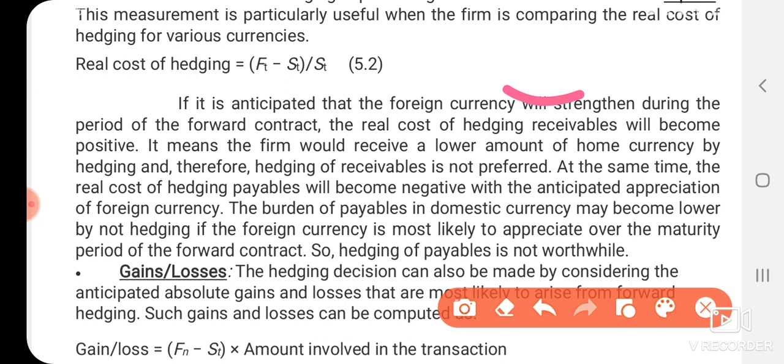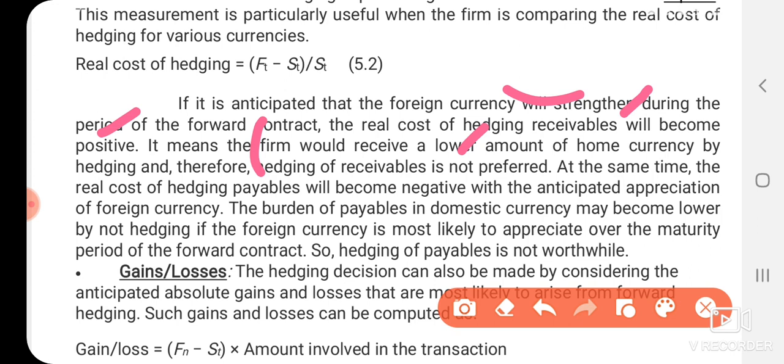At the same time, the real cost of hedging payables will become negative with the anticipated appreciation of the foreign currency. The burden of payables in the domestic country may become lower by not hedging if the foreign currency is more likely to appreciate over the maturity period of the forward contract.